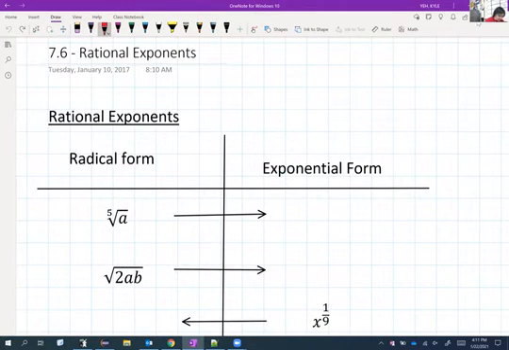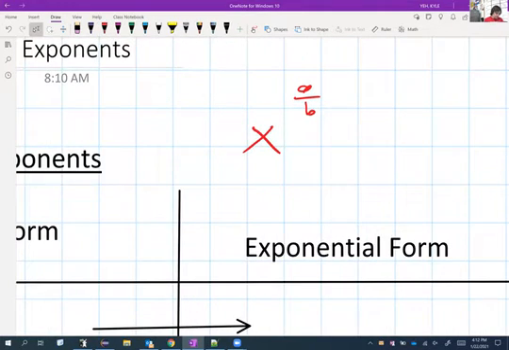Back when we first saw this, I'm going to write it with a different variable. One of the things we said was that if we have a rational exponent, x to the a over bth power, then we could just as easily write that as the bth root of x to the ath power.